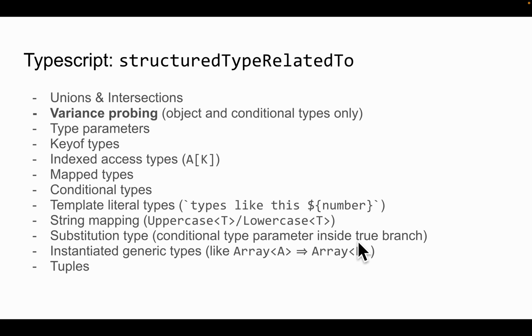We can just check whether A is assignable to B, much faster than checking whether Array of A is assignable to Array of B, unless the type parameter happened to be contravariant, in which case you'd have to check whether B was assignable to A. So again, variance is sort of complicated. And finally, tuples. So that's just a giant piece of code that has all the rules for assigning these individual things.